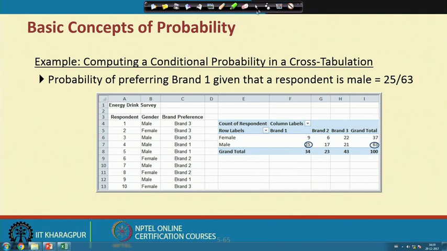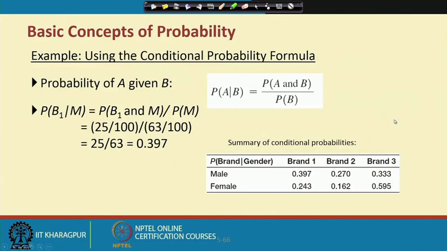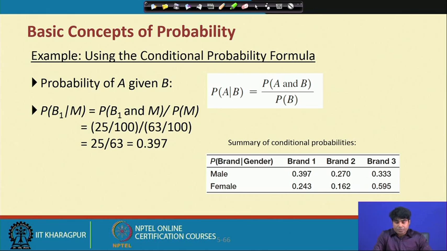So this is how the structure of conditional probability works. This is the mathematical structure: P(A given B) is nothing but P(A and B) divided by P(B). That is what is happening here.